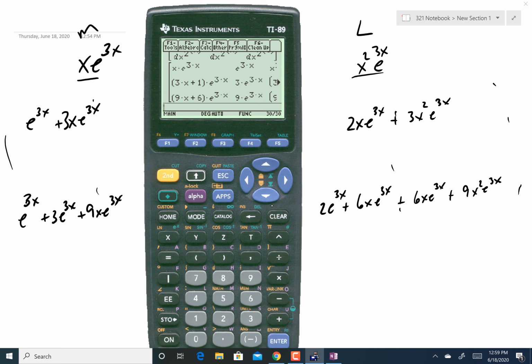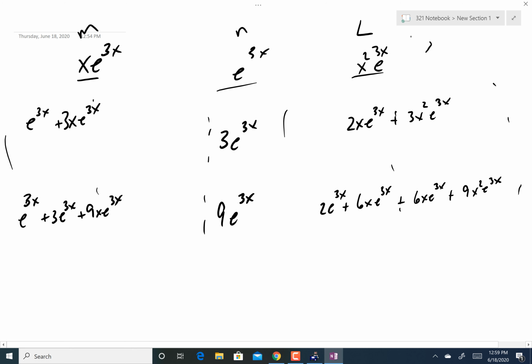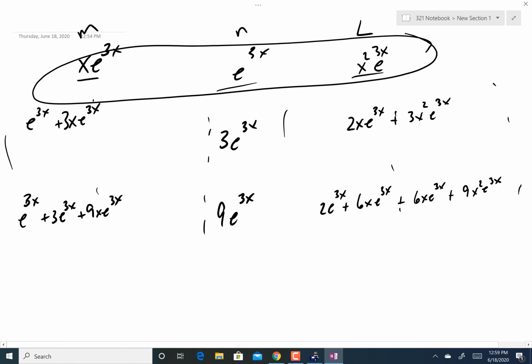So what I need to do is take the determinant of this guy. And remember, all I'm looking for is whether it equals 0. That's not 0, friends. So the answer is, are they independent? These guys are independent. That's how the Wronski determinant works.